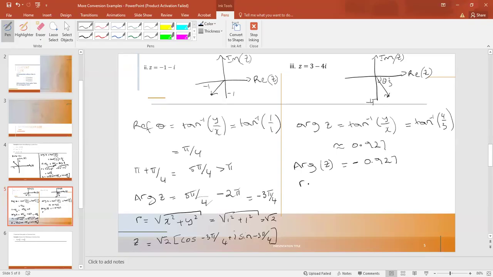We now need to obtain what? The modulus, which is equal to the square root of x squared plus y squared. And we're going to get the square root of 3 squared plus 4 squared. And the answer here is 5.